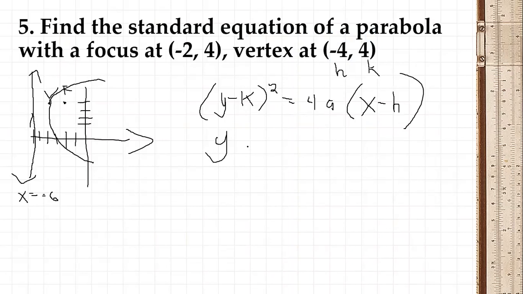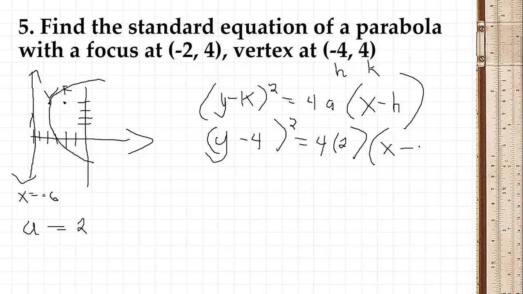Our k is positive 4, so (y minus 4) squared is equal to 4 times a. How many steps? 1, 2. Our a is 2. And then our h is negative 4.